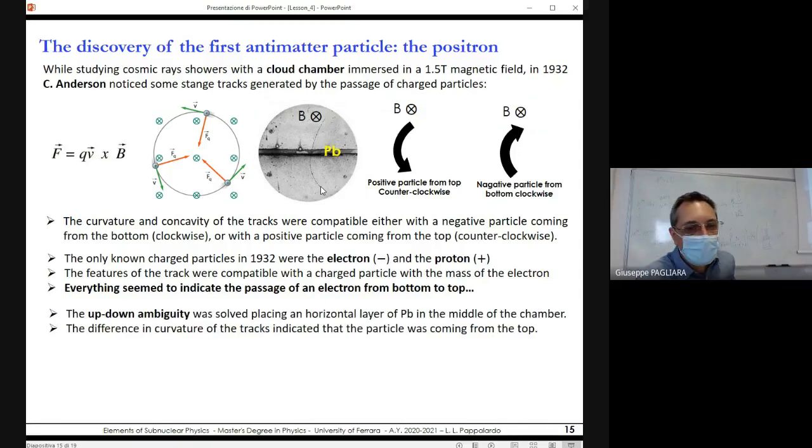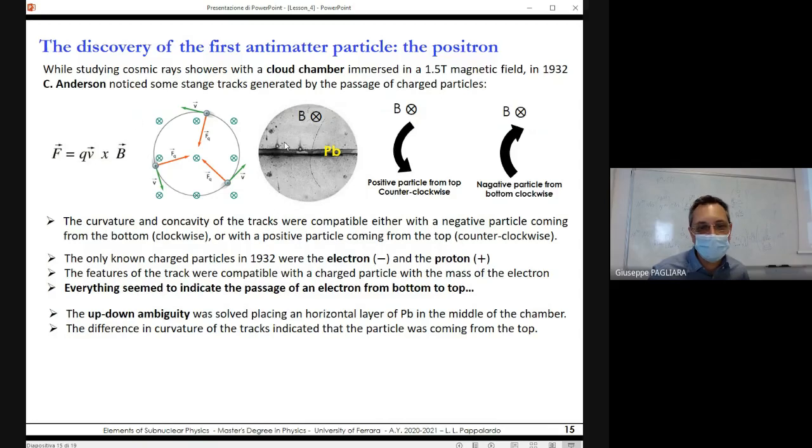So Anderson had the idea to find a solution to disentangle this up-down ambiguity. What he did was to put a layer of lead in the middle of his detector. You know that when a charged particle goes through some material, it loses energy. And if it loses energy in the magnetic field, it will bend more.